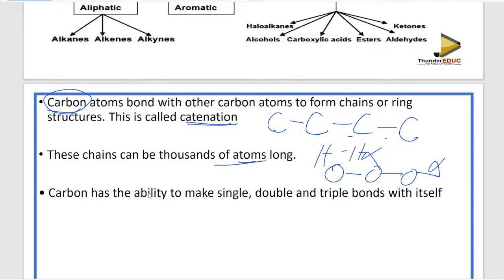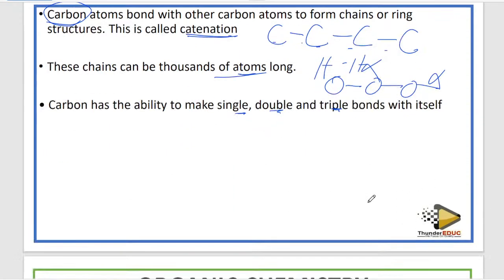So carbon has the ability to make single, double, and triple bonds. Those single, double, and triple bonds mean something different in chemistry. For example, if carbon forms a bond with another atom, we call it a single bond.